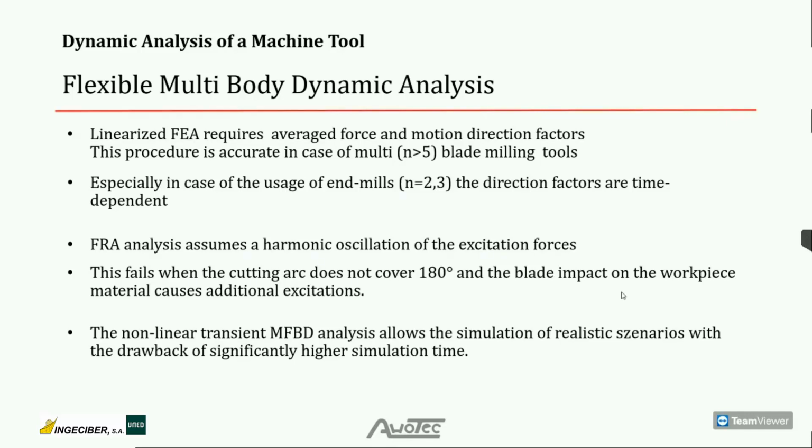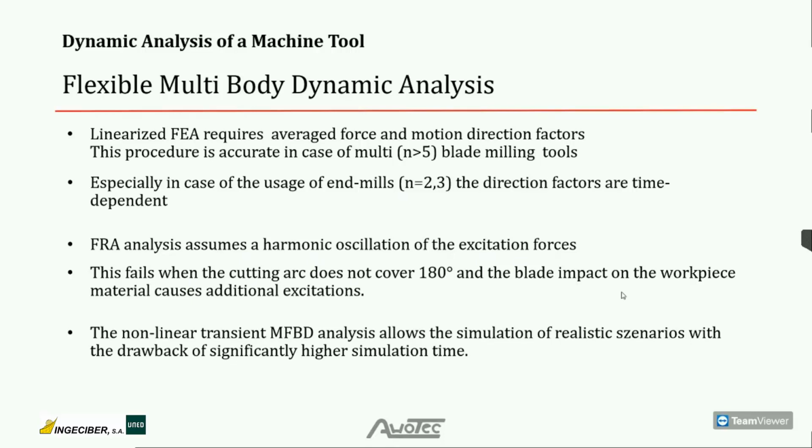The error that you make is small enough when the number of blades, for example, on the milling tool is large enough and under specific milling conditions. But if you use, for example, end mills that normally have 2 or 3 blades, then their direction factors are definitely time dependent, which results in varying forces and also non-harmonic excitation forces, which was also a requirement of the FRF analysis.